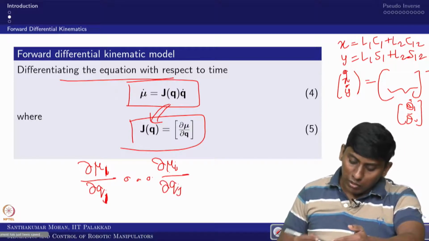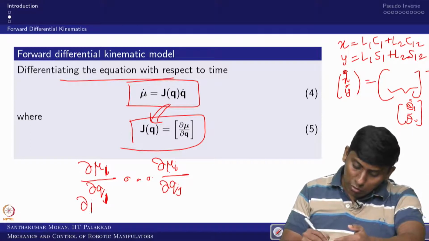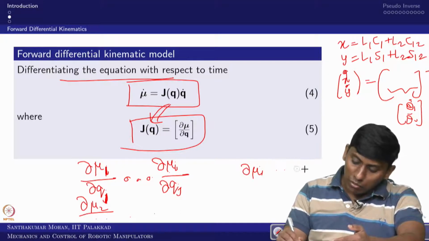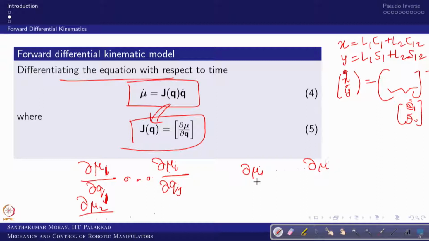The second row is ∂μ_2, which goes like this, and the final one is ∂μ_i, so q1 to ∂u_j. So what this means is i goes 1 to n, j goes 1 to m.